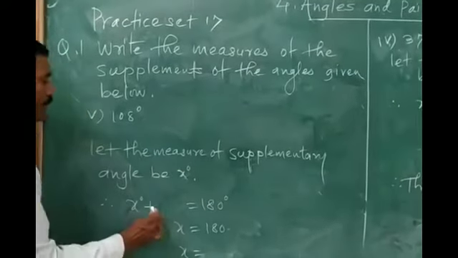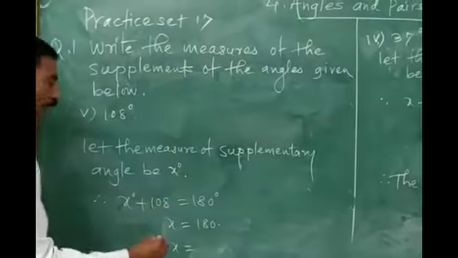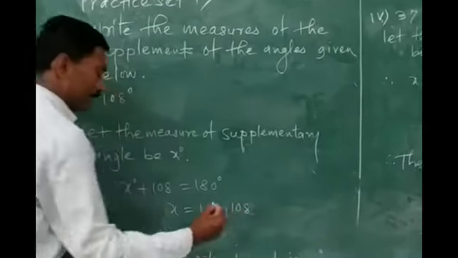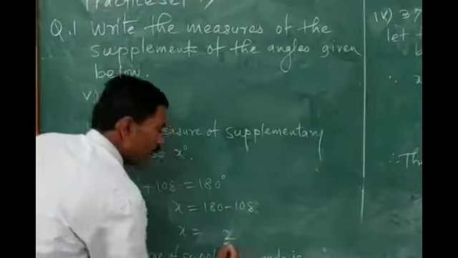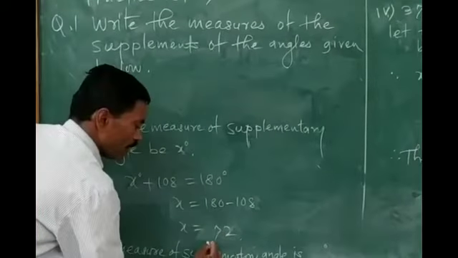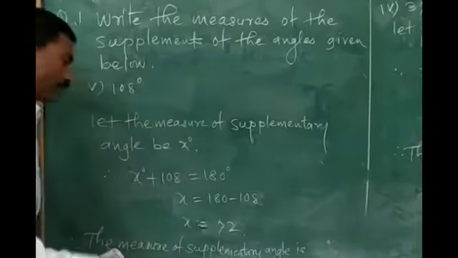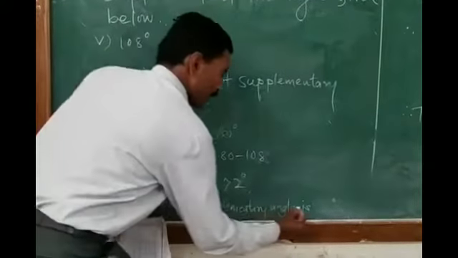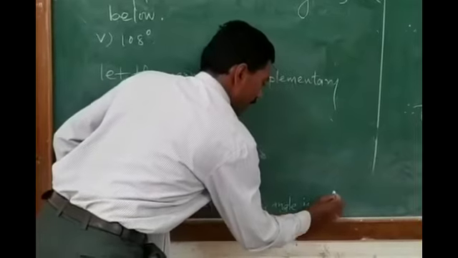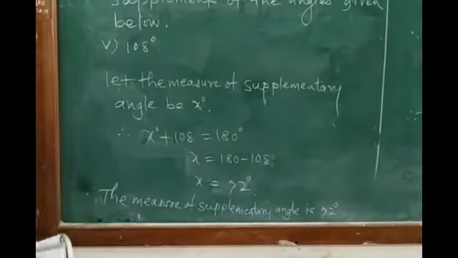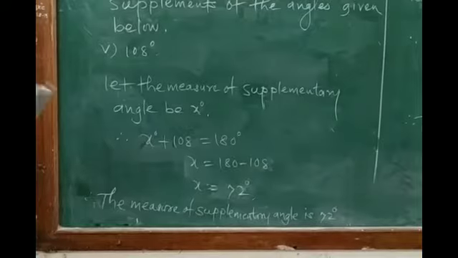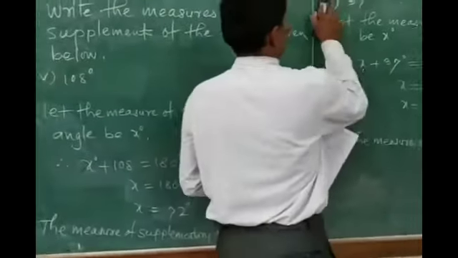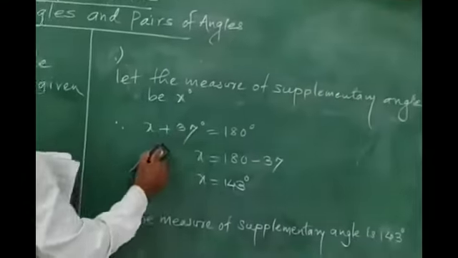Therefore, x degrees plus 108 is 180, and x is equal to 180 minus 108, which is 72 degrees. Therefore, the measure of the supplementary angle is 72 degrees. And sixth is given 0 degrees.